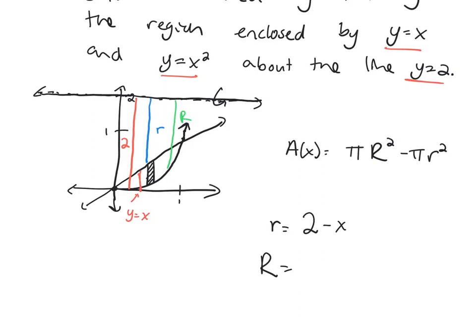So I'm going to take 2 minus my little distance underneath, which comes from the parabola, which was x squared. So 2 minus x squared.